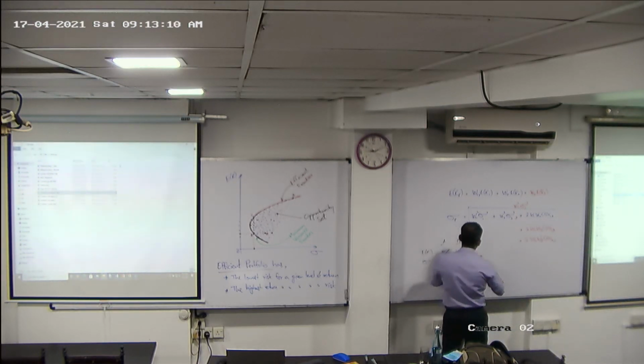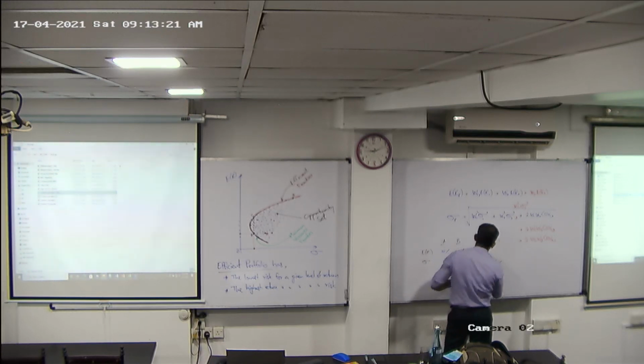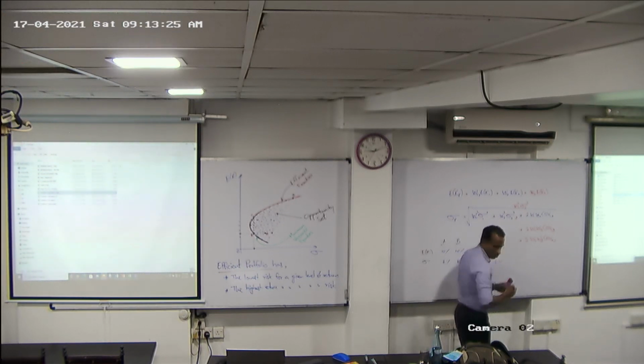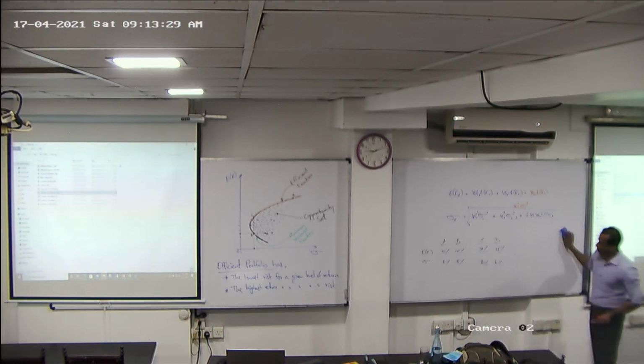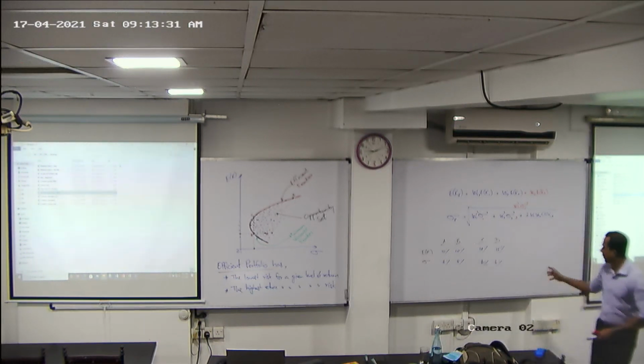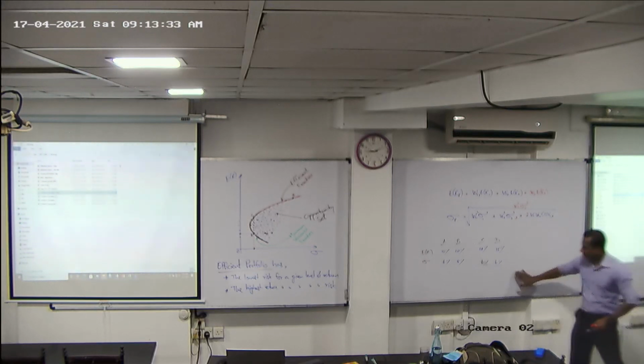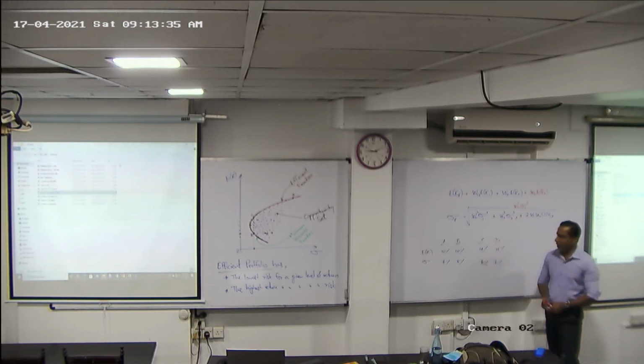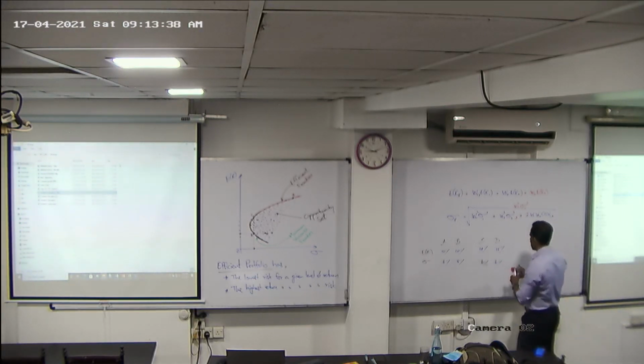And if there are two assets like this, then what is better? D is better. Same standard deviation with relatively higher expected return.